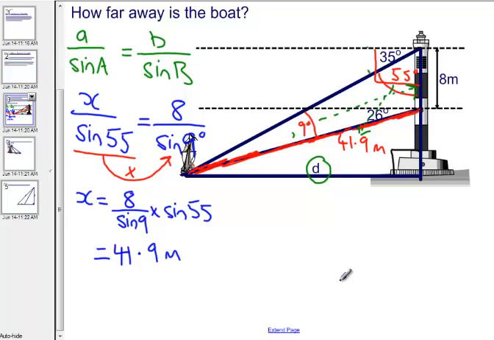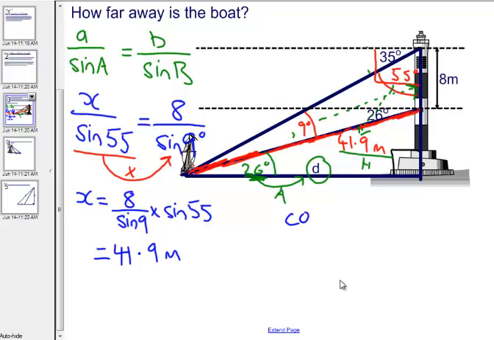So now the bits of information that we've got is the angle down in here, which was 26 degrees. We've got our d. We've got our 41.9. Now that d in relation to the 26 degrees is adjacent, and our 41.9 is the hypotenuse, so that means we're using cos.